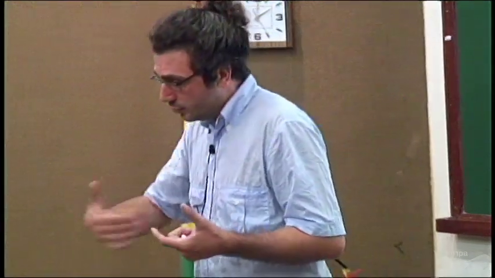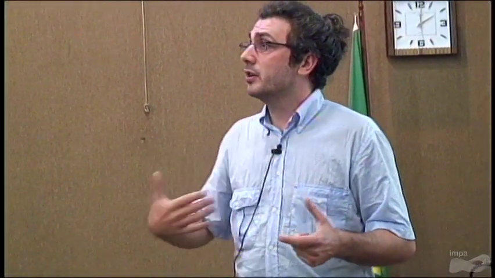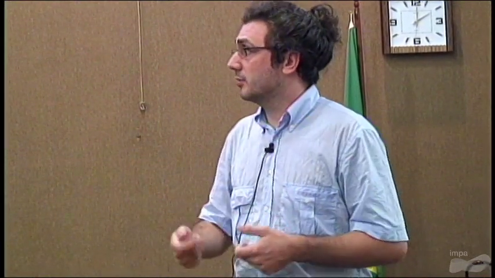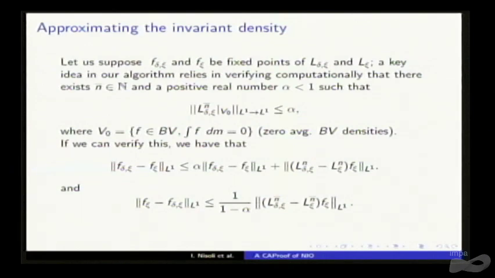Instead of trying to estimate the mixing time of the operator a priori by analytical estimates, what we do is discretize our operator, and then we put the computer to test this operator. So we test the mixing time.